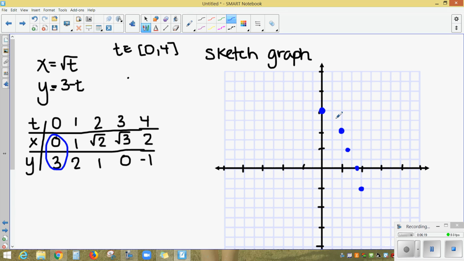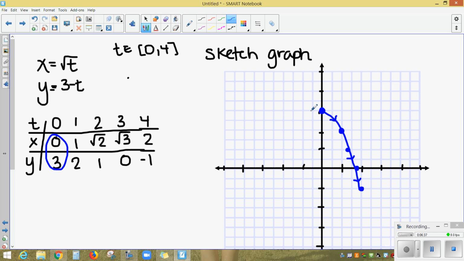Okay. Now, when we draw the plane curve, we are going to include orientation. When t equals 0, we were at this point, and then we slid our way down to this other one. I'll try to make that curved on my little tablet that doesn't like me.